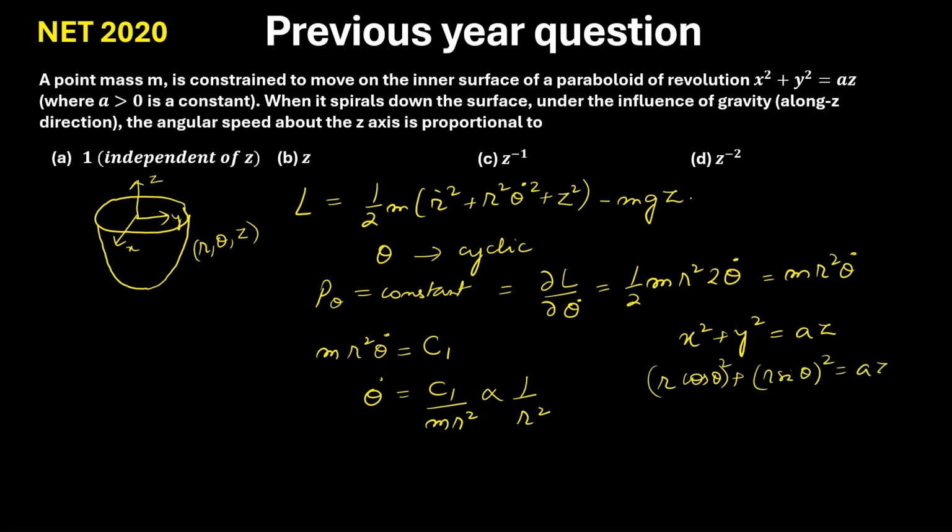This is equal to az. So if I substitute this, you get r square is equal to az. So using this expression, it is inversely proportional to z. So option C is the correct answer.